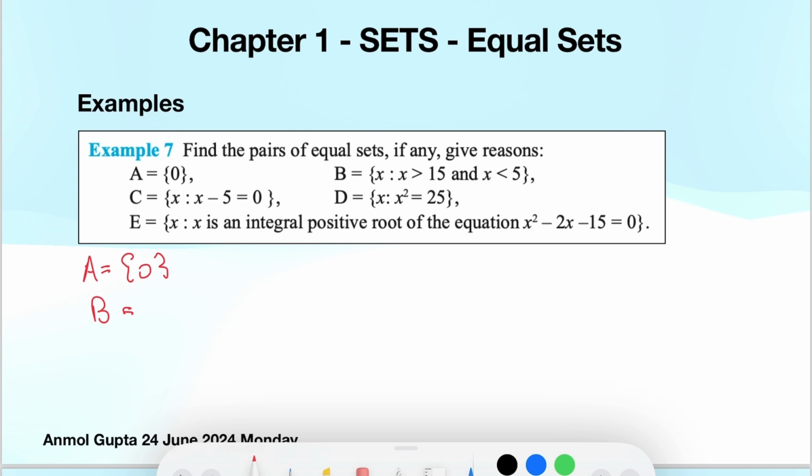We can't find any number which is greater than 15 but less than 5, so B is an empty set. C is equal to x such that x minus 5 equals 0. So C is 5.